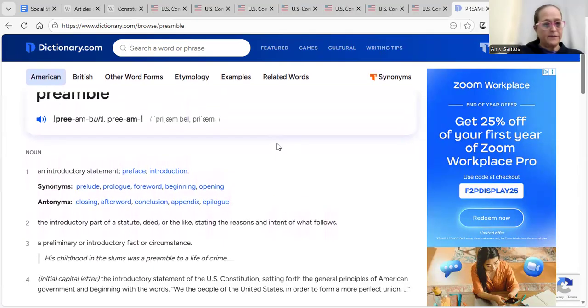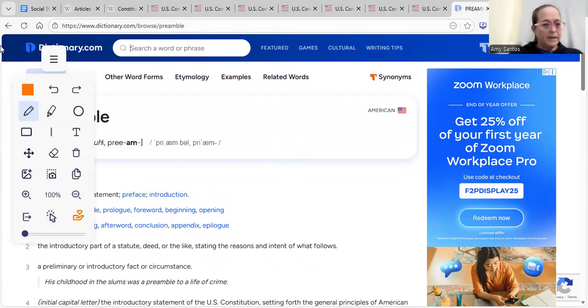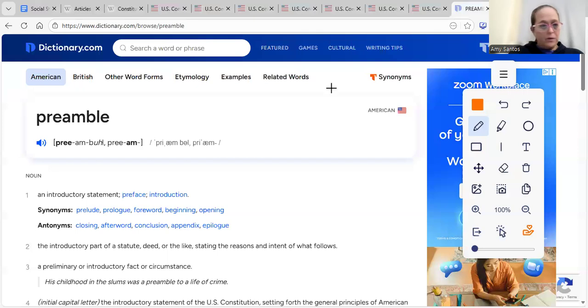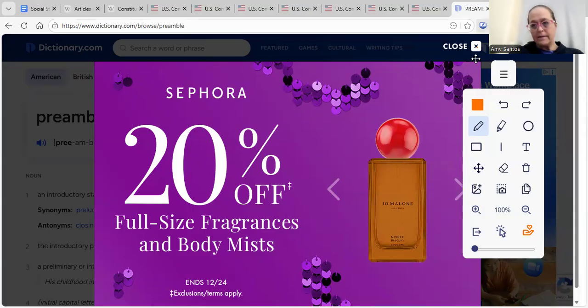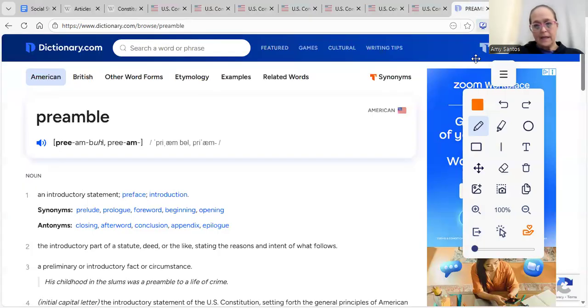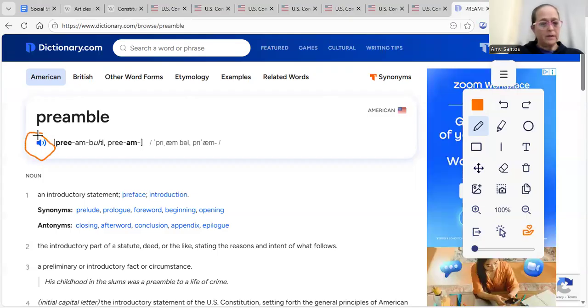It gives you a pronunciation for it. If you click on this, it'll pronounce it for you.